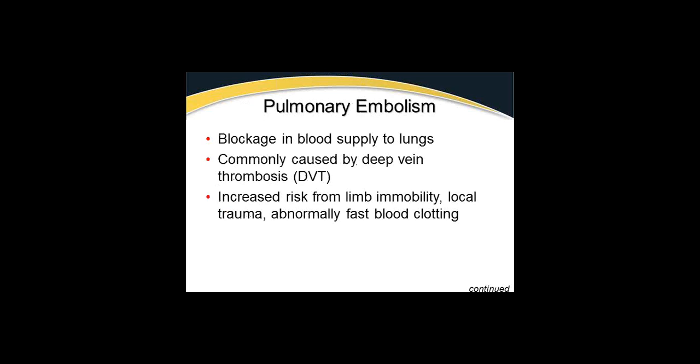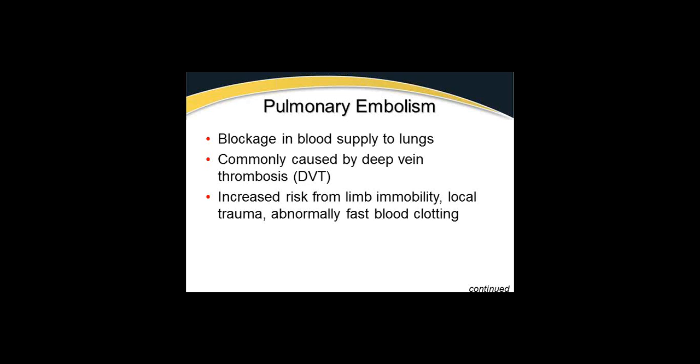A pulmonary embolism. Pulmonary embolism, again, is a cardiovascular problem. It is not a pulmonary problem. However, it shows up as a pulmonary issue. A pulmonary embolism is a blockage in the blood supply to the lungs. So the heart's trying to circulate blood through the lungs to be reoxygenated, and part of that blood flow is stopped.